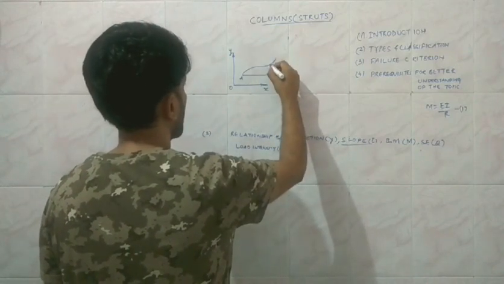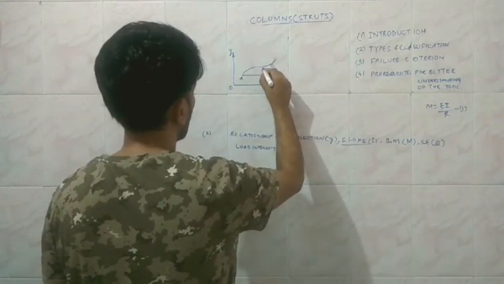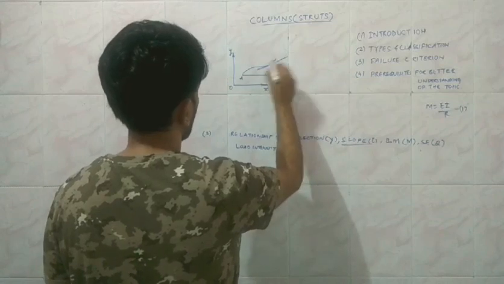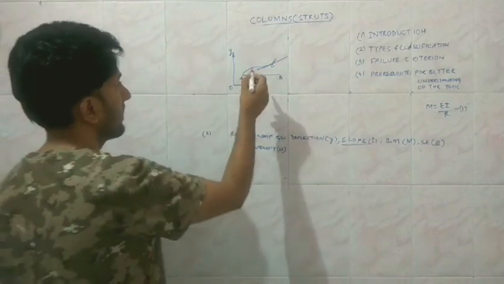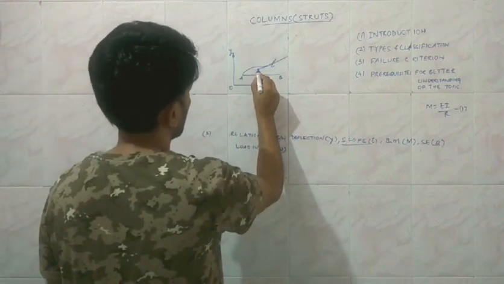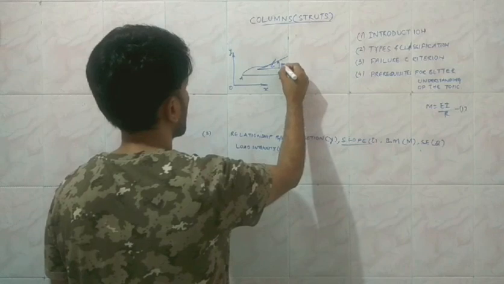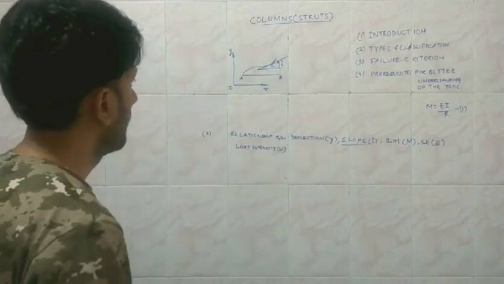I'm not showing the load. At a point, say this is the point C, we are interested in finding the slope. We know that the slope is nothing but the angle made by the tangent at this point, and this tangent is represented by the slope angle i.